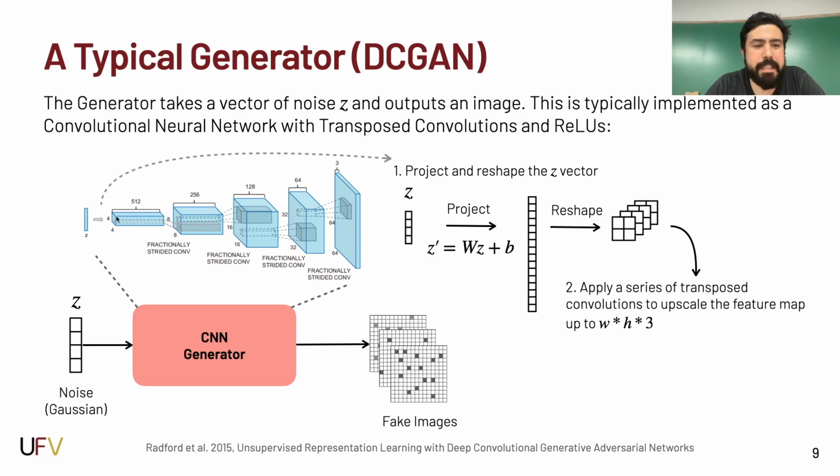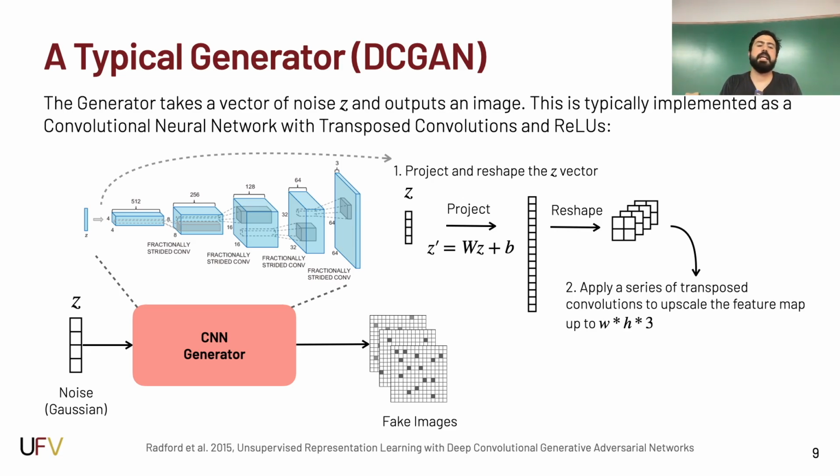And the pattern is that in the early layers you have smaller width and height and larger depth, and in later layers you have bigger width and height and smaller depth. So it grows in size and decreases in depth.